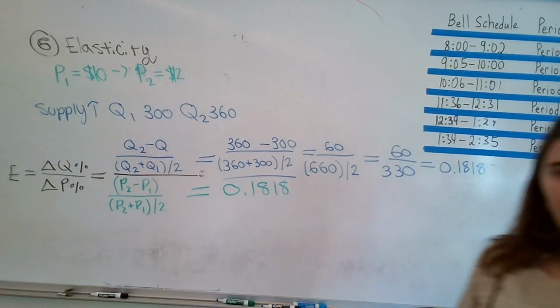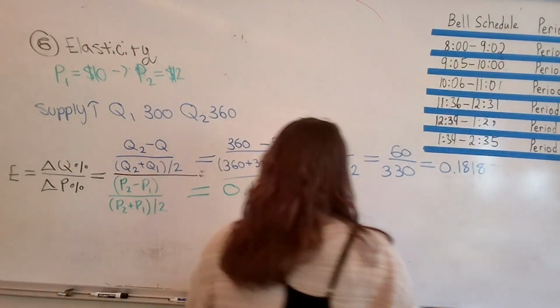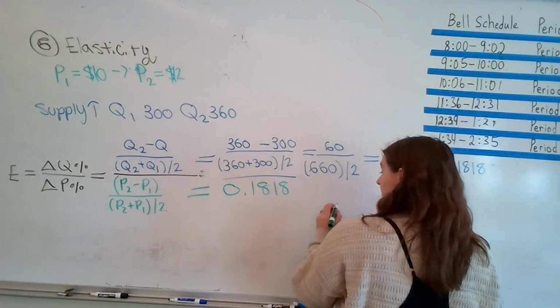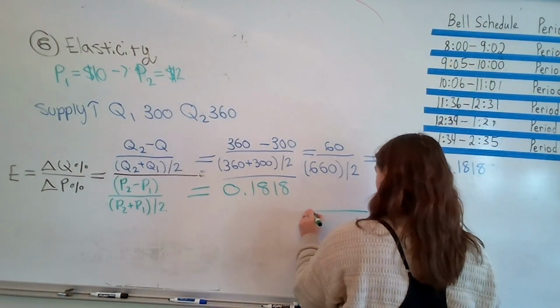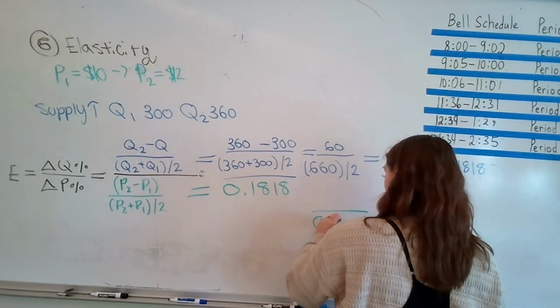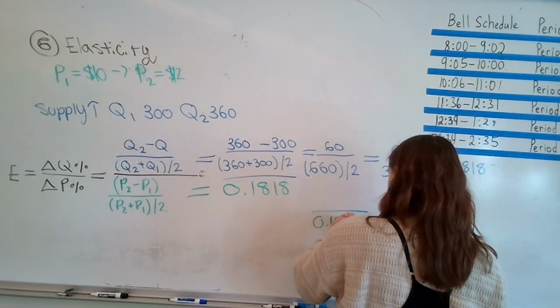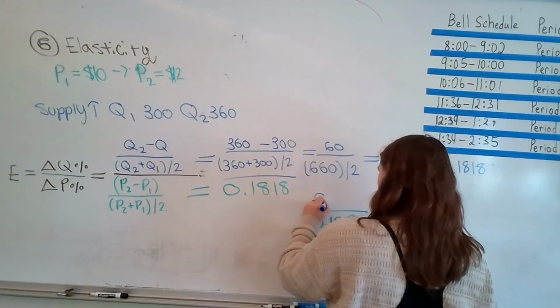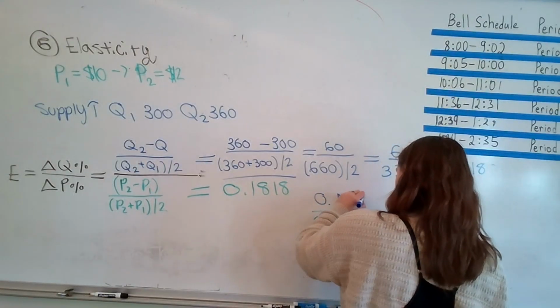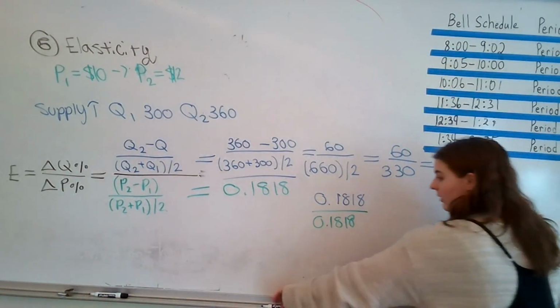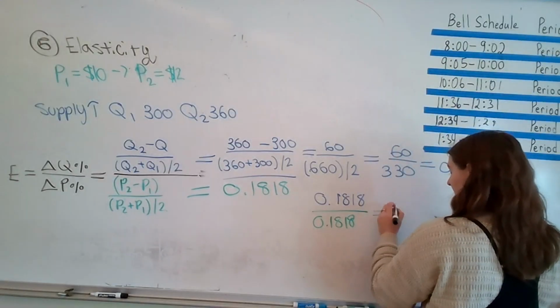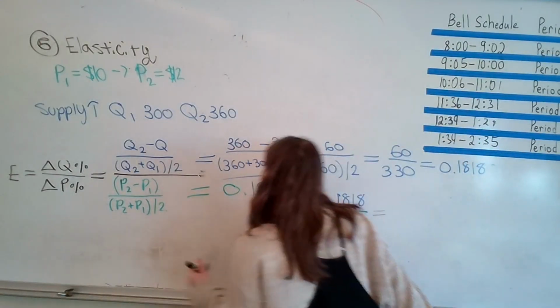And would you look at that? 0.1818 over 0.1818 means that we have a case of unit elasticity.